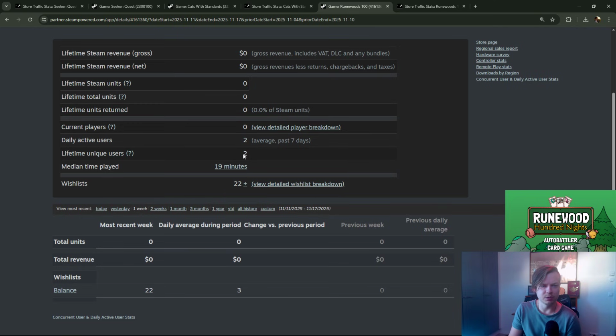The lifetime unique users are 2, and these are 100% Valve employees, because the Steam key has not been shared with anyone yet, so it needs to be Valve employees. They've been enjoying the game for 19 minutes as a median playtime, so I hope you enjoyed, Valve employees.